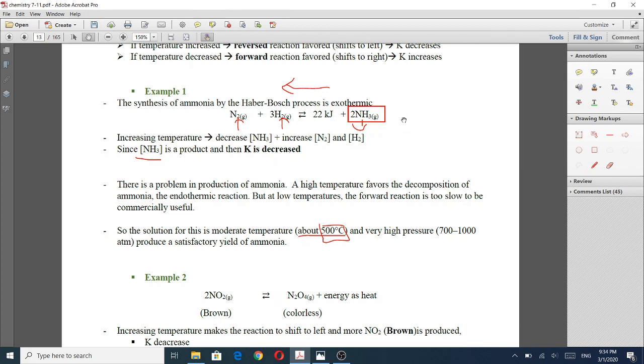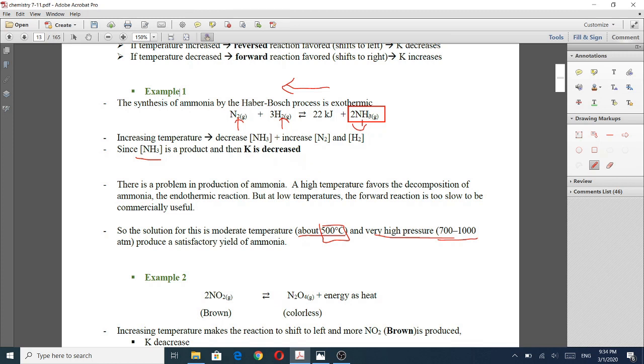Since the reaction cannot be done at low temperatures and we want to make ammonia, not decompose ammonia, that problem has been solved by increasing pressure. How is that? Because if you look at the reaction, there are 4 moles of gas on the reactant side, while only 2 moles of gas on the product side.